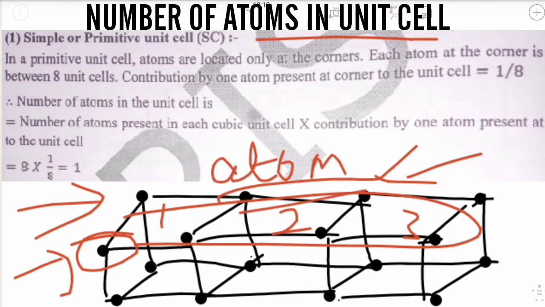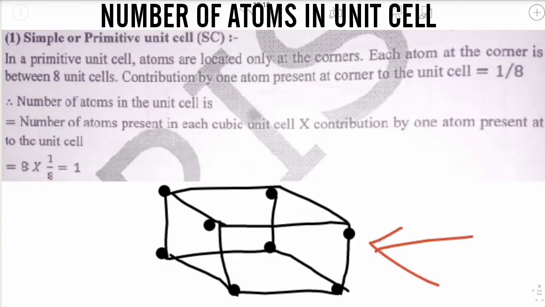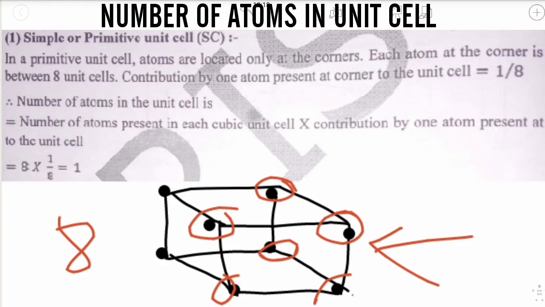The 3 types are the primitive cubic unit cell, the body centered cubic unit cell and the face centered cubic unit cell. We know that in a unit cell there are 8 corners.